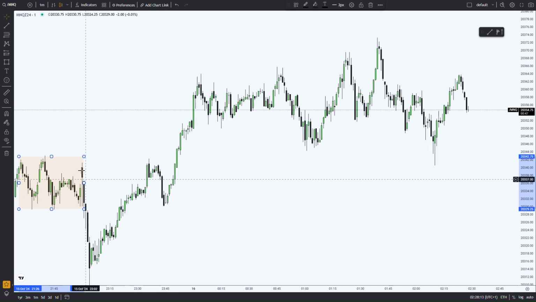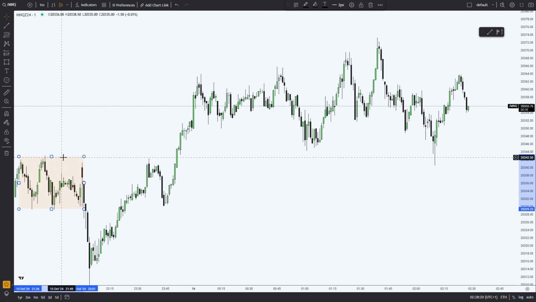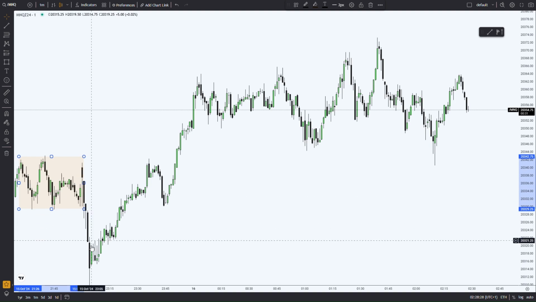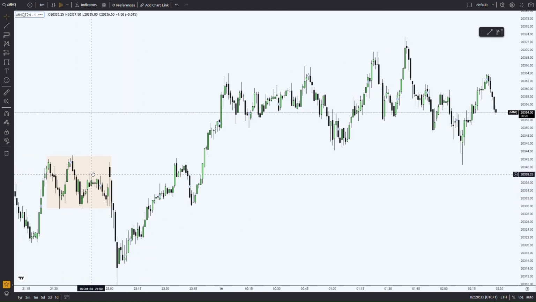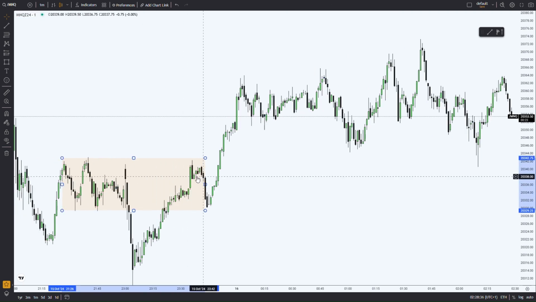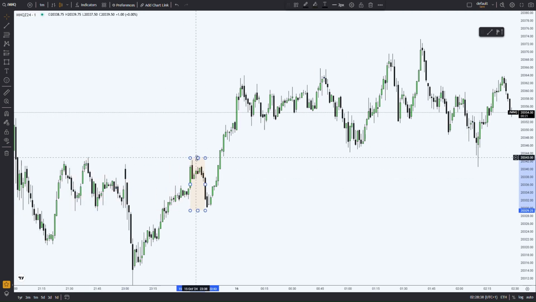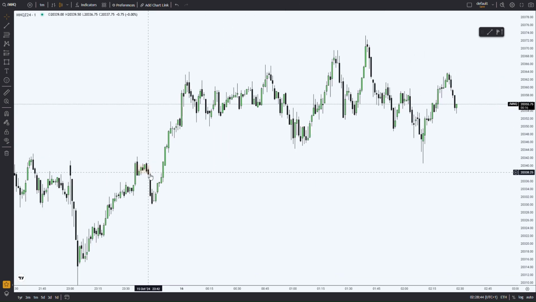Price either consolidates, which means it goes up and down in the same range, the highs and the lows are nearly the same, or the price goes down aggressively, like in this case, or it goes up, another small consolidation here, you can see it, and then price drops, in which case we call it bearish momentum.